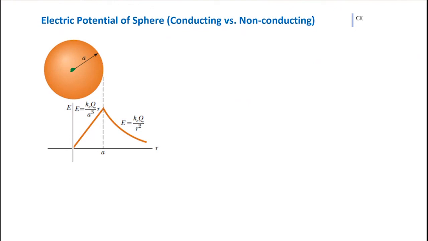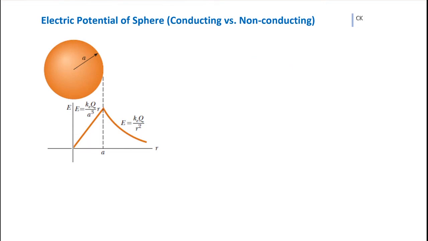So that's the idea. The same principle applies here. We'll figure out the electric field inside and outside of this thing, and then we'll figure out the potential afterwards.